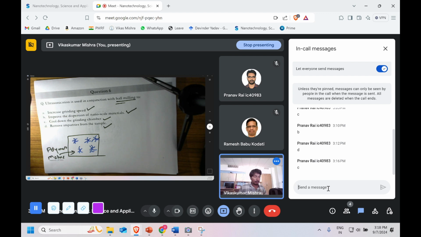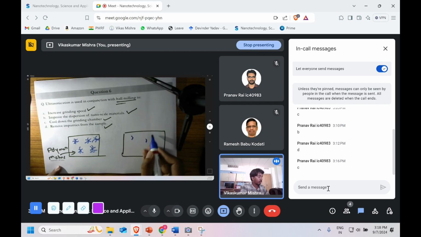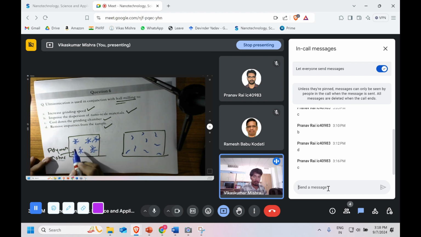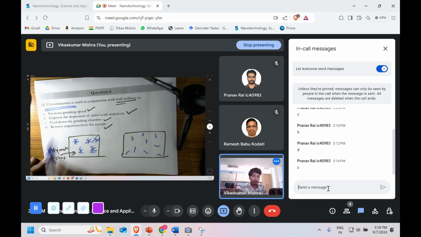Now, from here, if I want to disperse them quite finely, in this particular manner, in a homogeneous manner, I don't want them to coagulate with each other. In that condition, I will use ultrasonication.